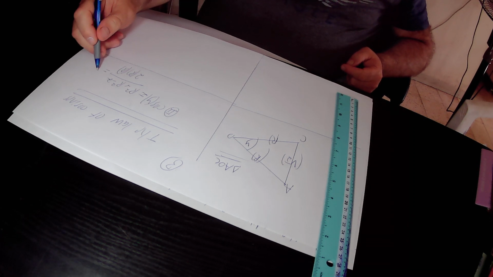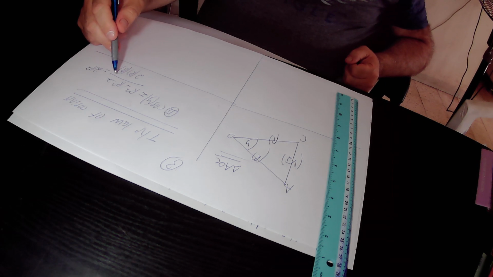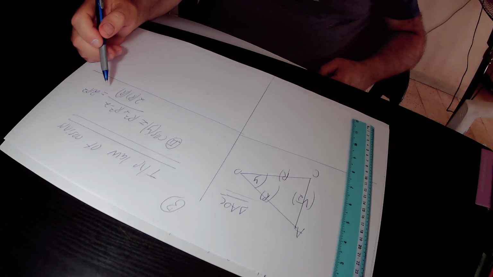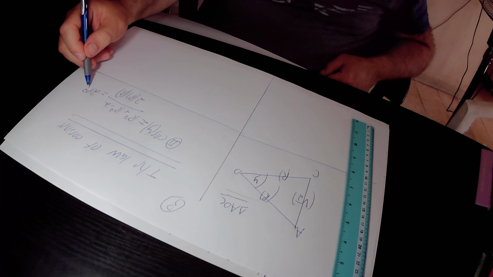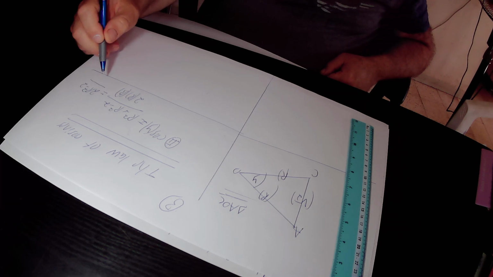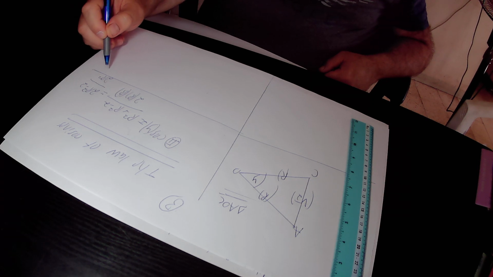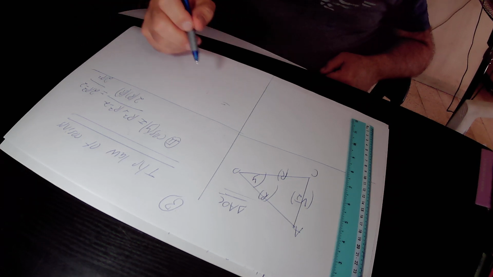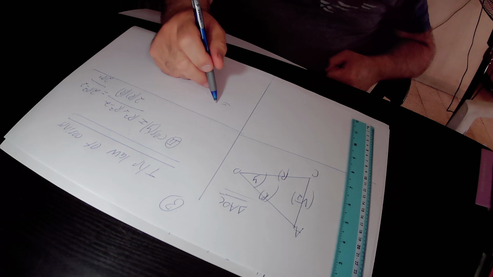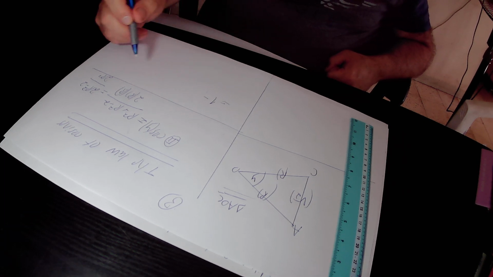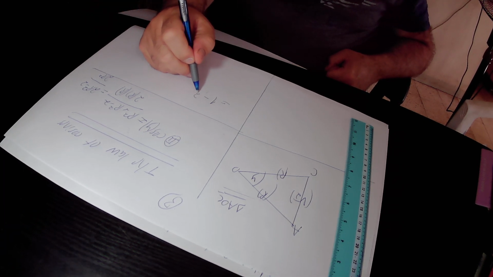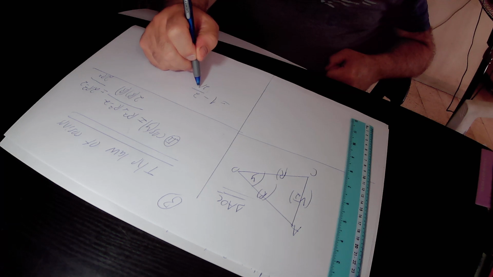R square plus R square is 2R square. So in the numerator of this expression, we have 2R square minus 2, divided by 2 times R times R, which is 2R square. So here we have 2R square over 2R square, which is 1, and also minus 2 over 2R square.